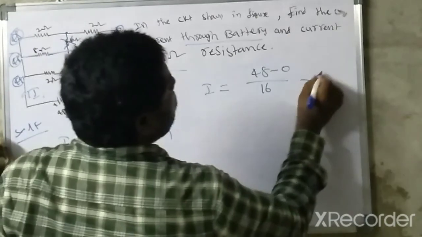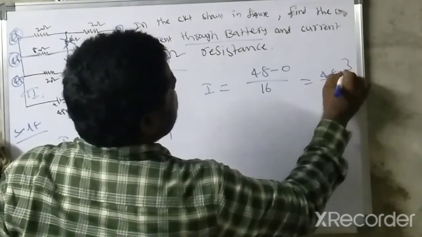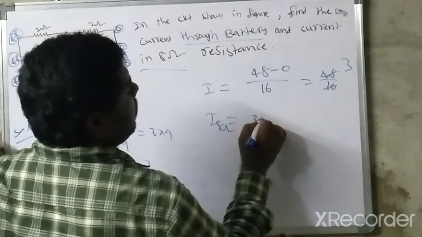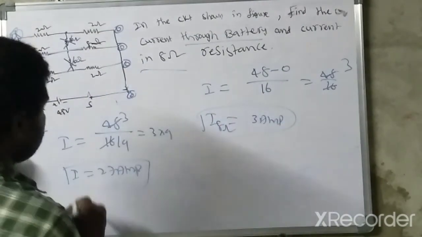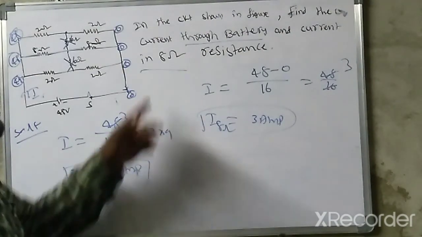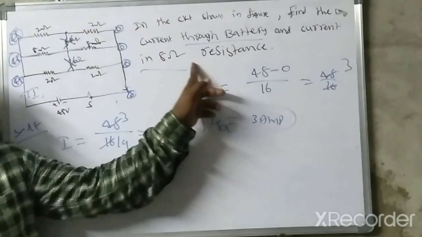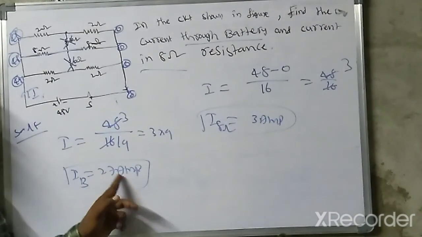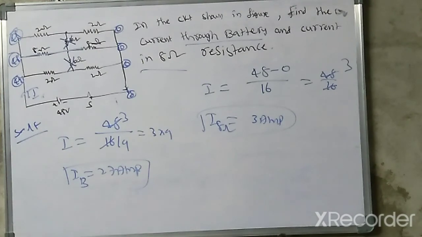So that is equal to 48 by 16, 16 ones are 16, 16 threes are 48. So the current in the 8 ohm resistor is 3 ampere. So what is the answer? The current through the battery is 27 ampere, the current through the 8 ohm resistor is 3 ampere. Whenever they ask this type of question, you may do like this.